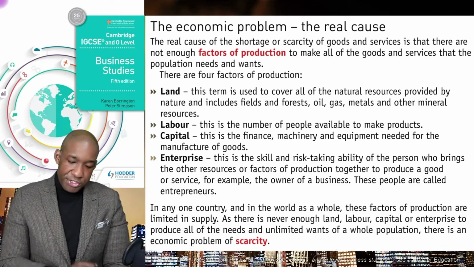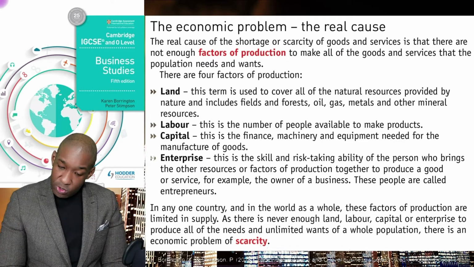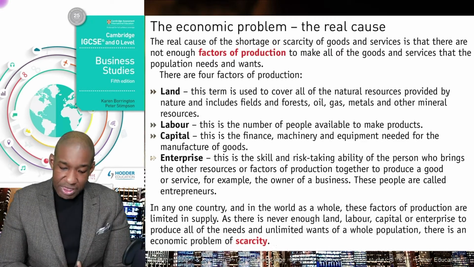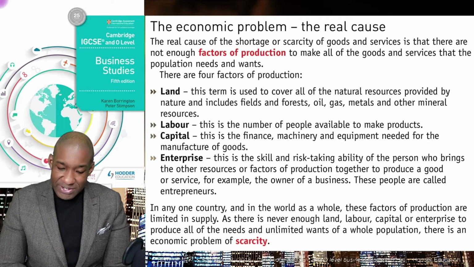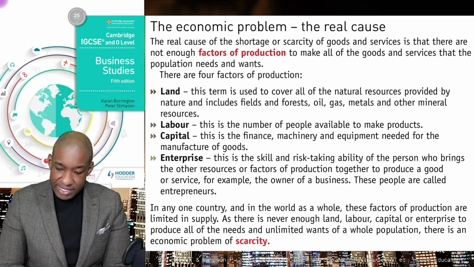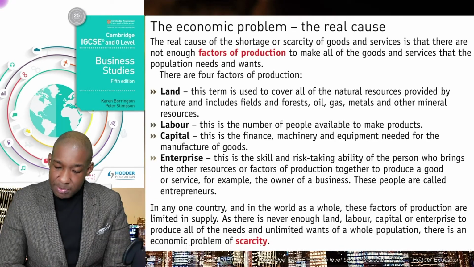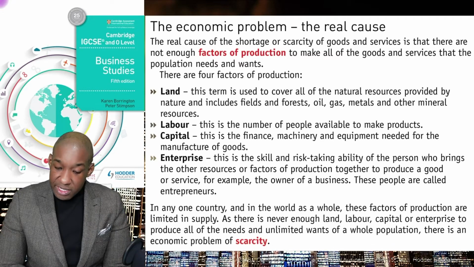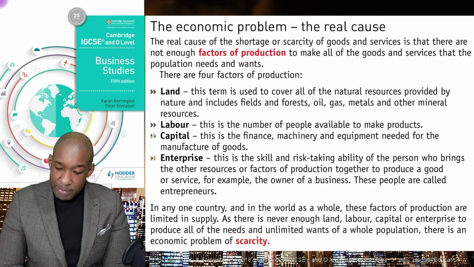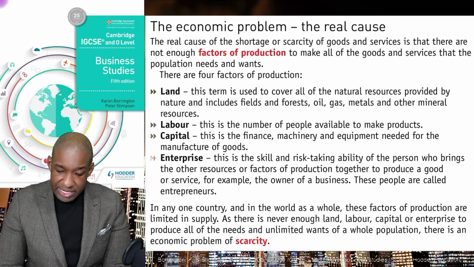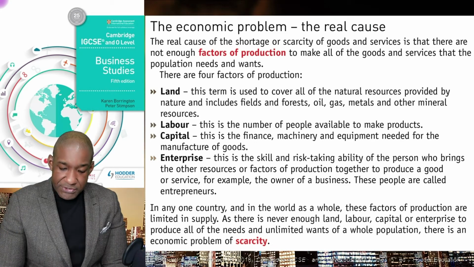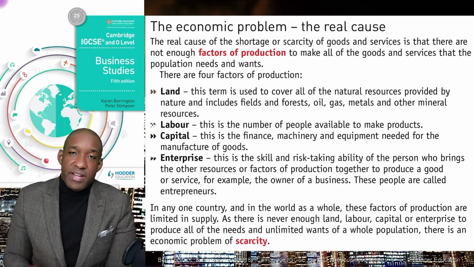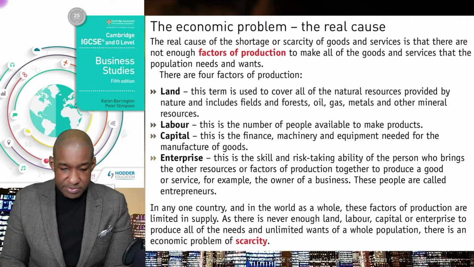In any one country and in the world as a whole, these factors of production are limited in supply, as there is never enough land, labor, capital, or enterprise to produce all of the needs and unlimited wants of a whole population. There is an economic problem of scarcity. Scarcity is in red. That is a word you need to know.